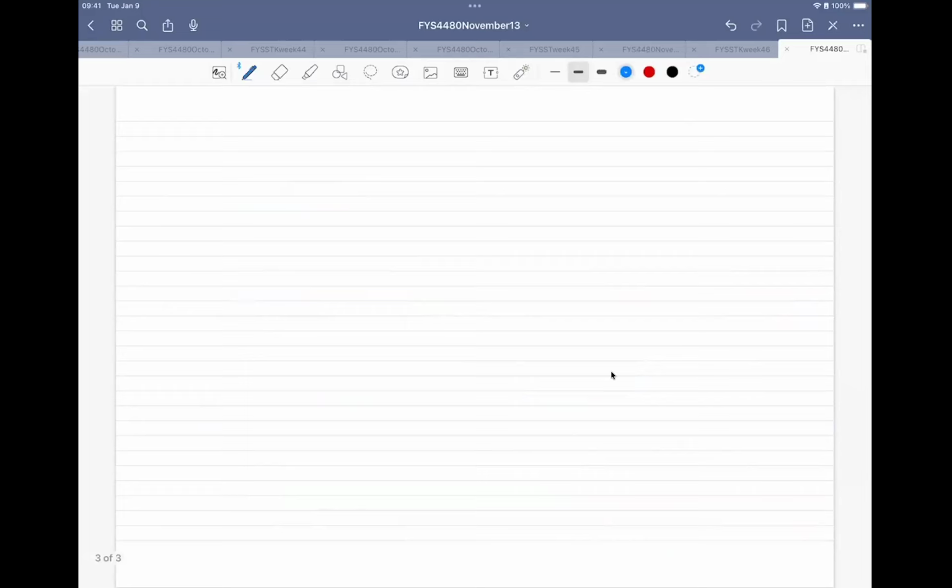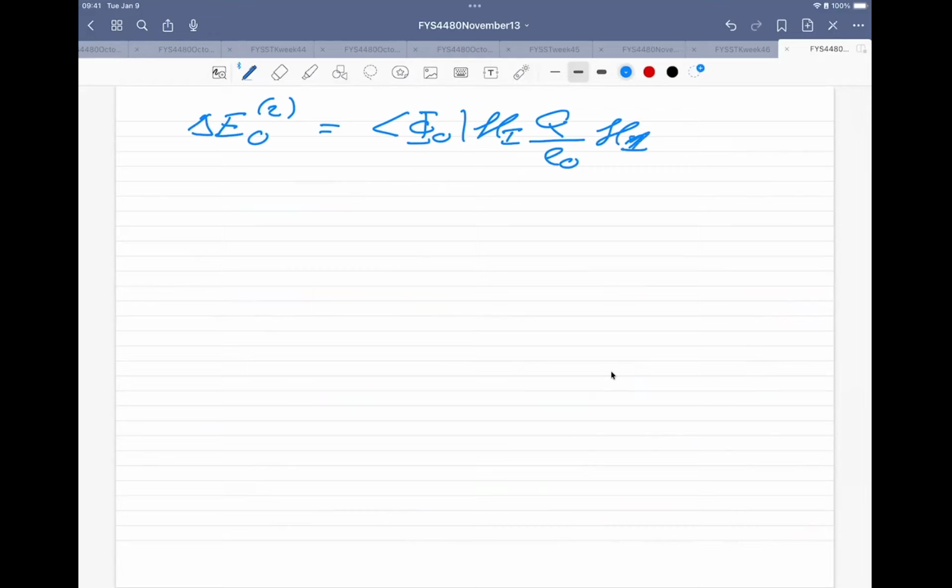Okay, so one thing which we have done now, when we look at the contribution to the energy to second order, this term here, was given by us setting up phi 0, the ground state, and then we had the interaction H_I. Then we have this denominator Q divided by E0 minus H0, times H_I, and phi 0.